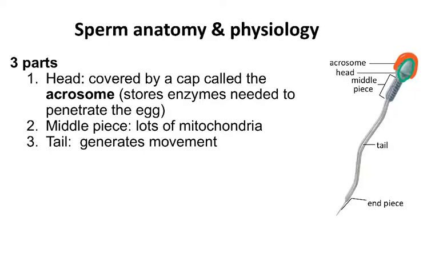The mid-piece is chock-a-block full of mitochondria, which is important because these guys are going to need lots of ATP for swimming. And then we have the tail, which is actually the piece that, as it moves back and forth, generates forward movement.